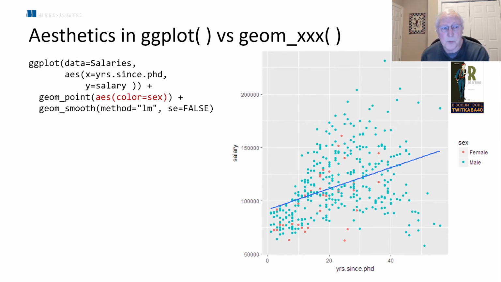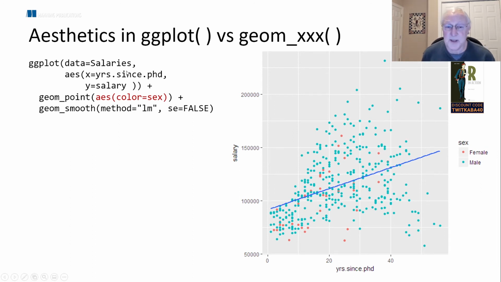But we can also put aesthetics within individual geoms. So I've moved the aesthetic of color mapped to sex to the geom point function and not in the ggplot.